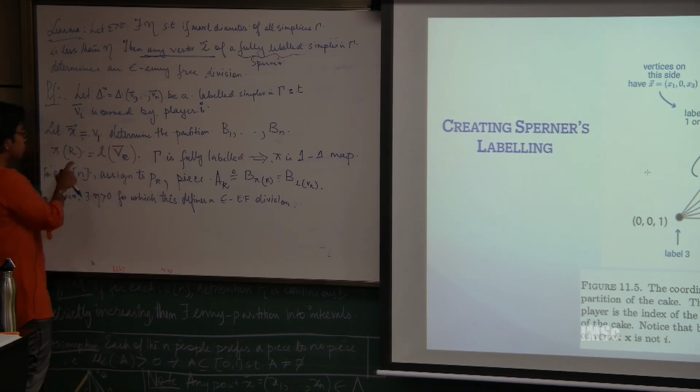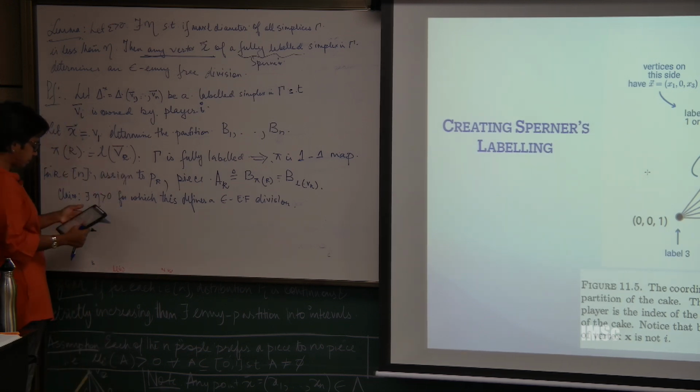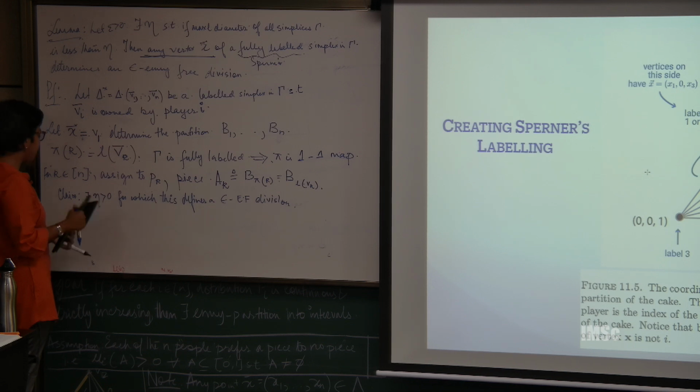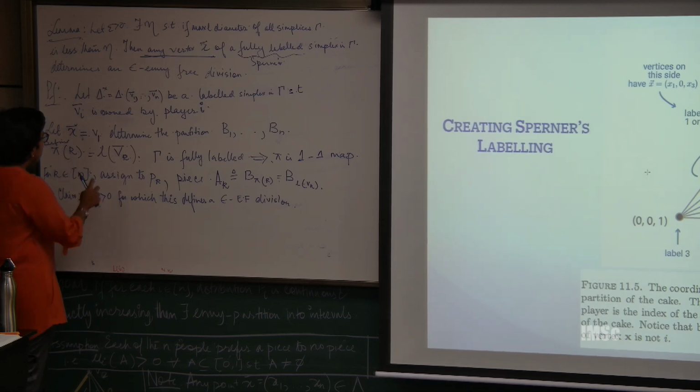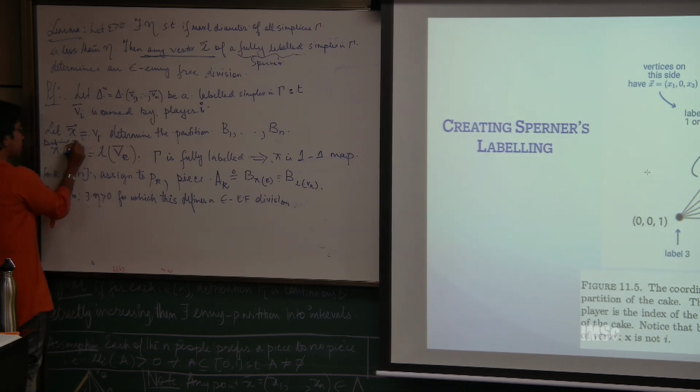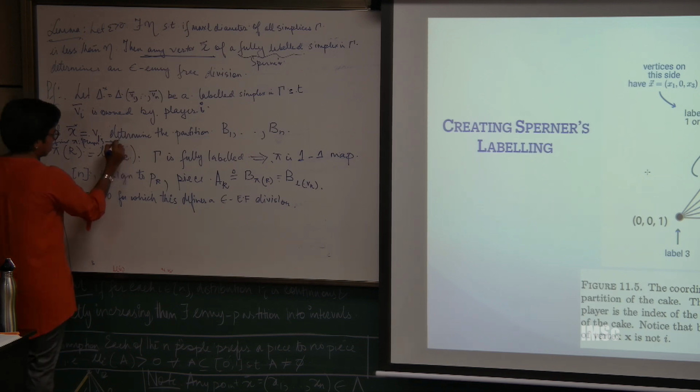So, for each player k, I am now going to define this function pi. I did not really need it, but okay. Pi is a function from the player set to some label.